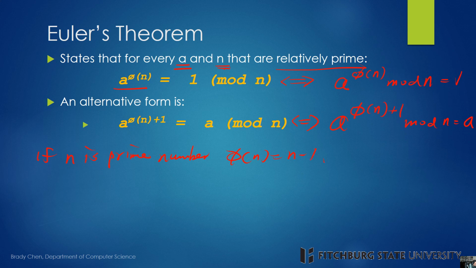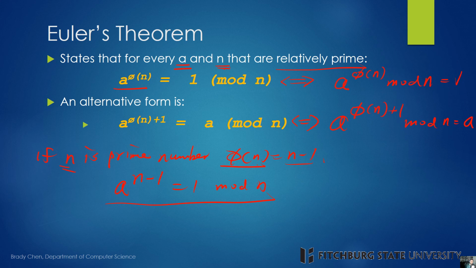So if n is a prime number, Euler's theorem becomes a to the n minus 1 equals 1 mod n. That's exactly Fermat's theorem. So Euler's theorem is actually the generalization of Fermat's theorem.